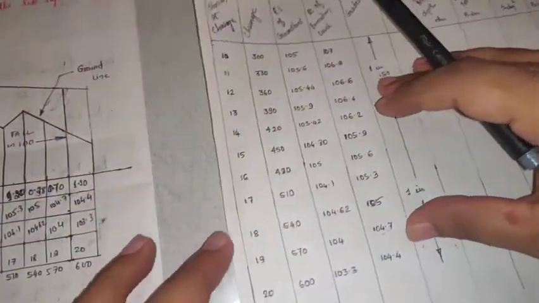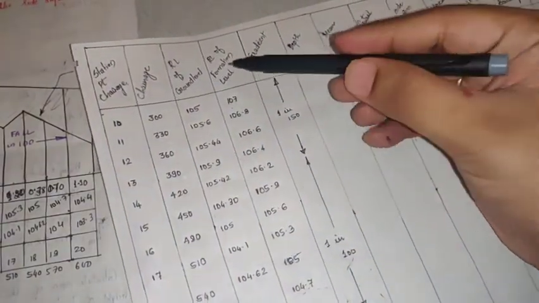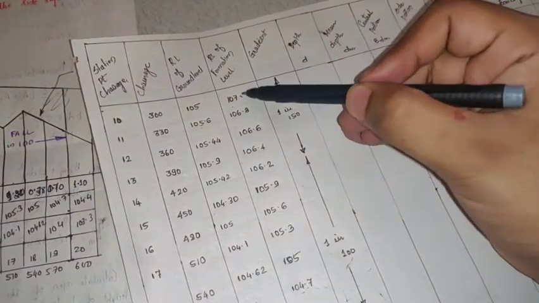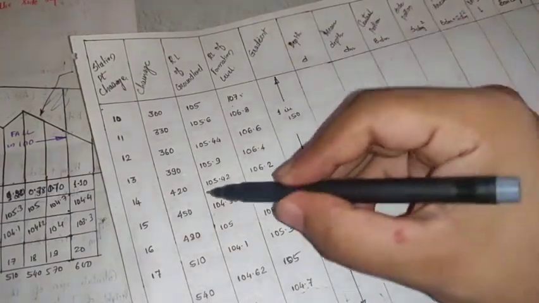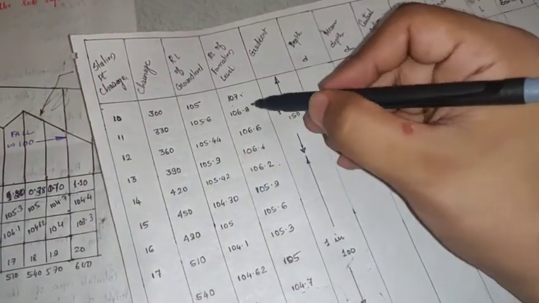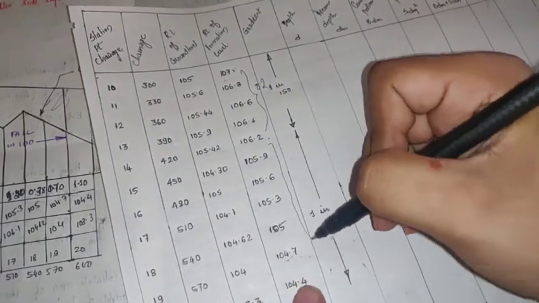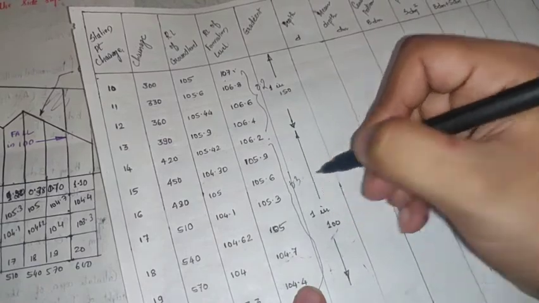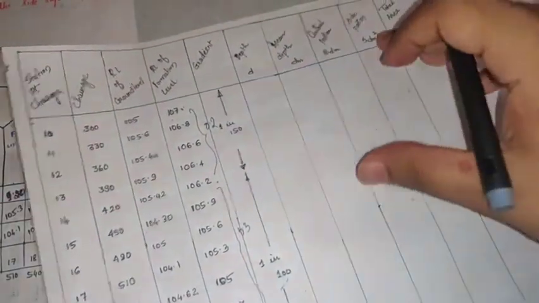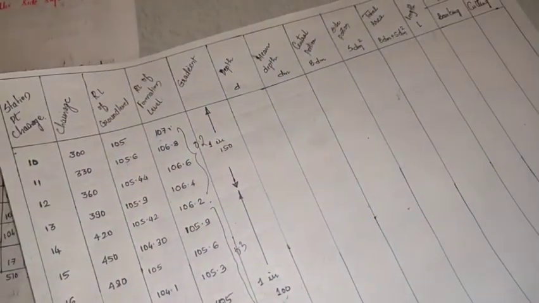Now all your profile is in banking. I have written the ground levels here. These are the formation levels. So for the formation level up till chainage 14, I have deducted 0.2 for this. Now from here till here it is 0.3, because the gradient is 1 in 100 and it is completely downfall. Right.